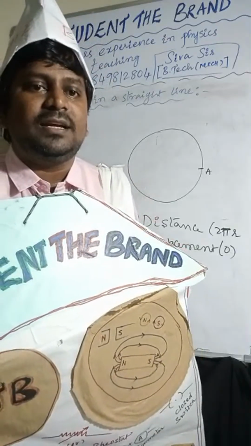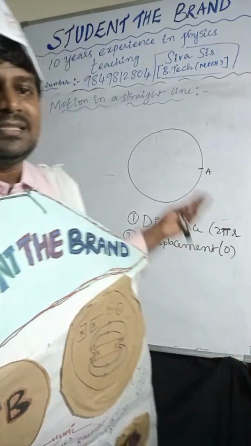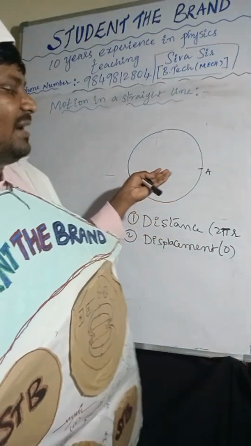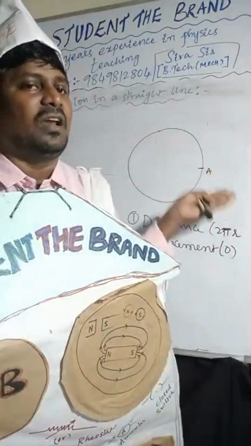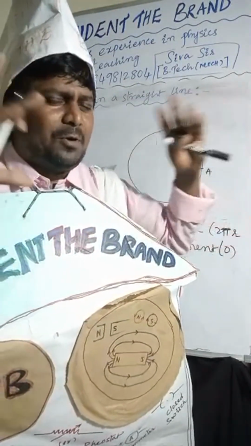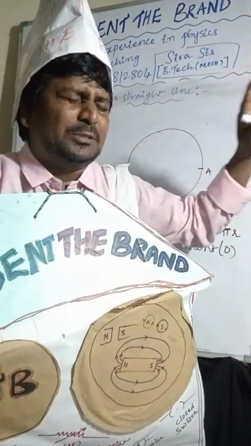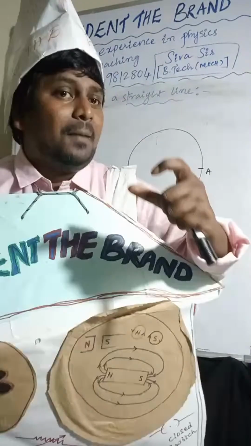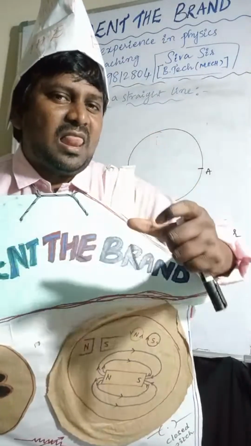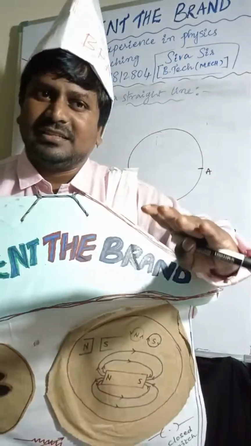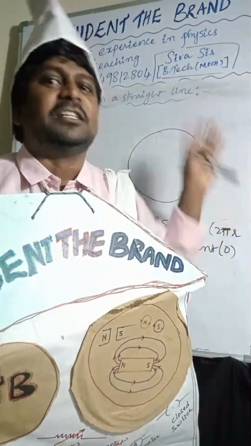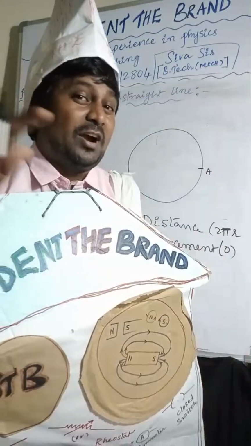Displacement is 0 even though distance is not 0. This is the example. If the body moves in a circular path, the displacement is 0, but still distance is 2 pi r.